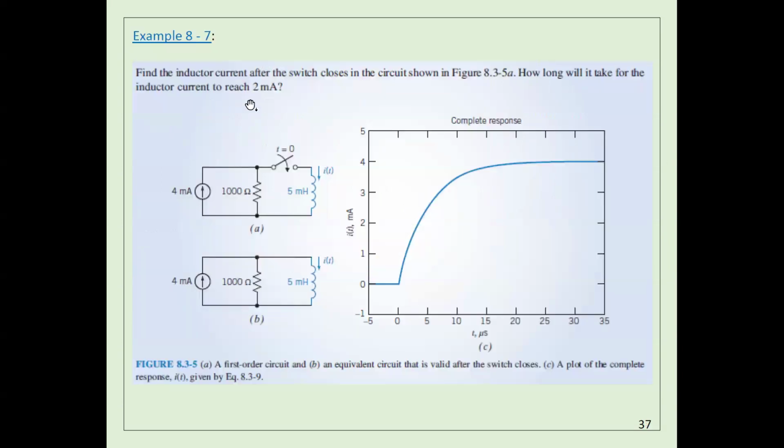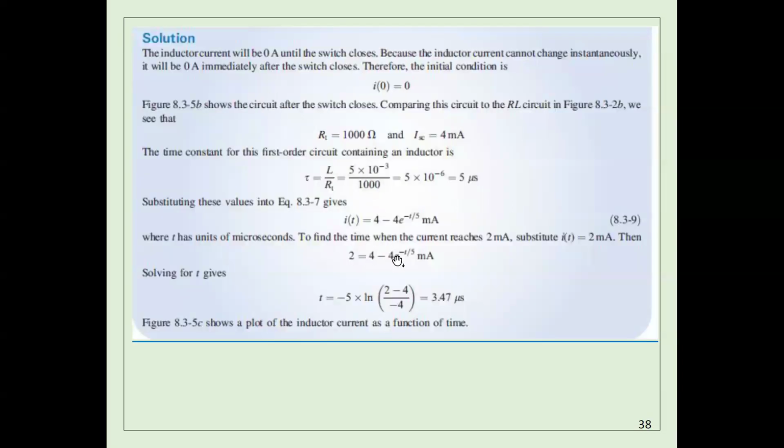In this question, I'm asking you what the time is for the inductor current to reach 2 milliampere. This one gives me a relation between current and time. Sometimes I give you the time, say after 1 millisecond, and ask what the current was.